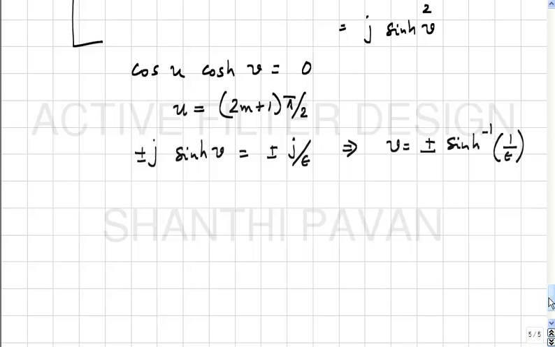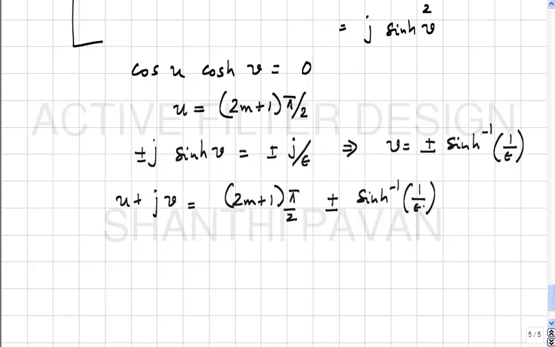Correct? So in other words, u plus jv is nothing but 2m plus 1 into pi by 2 plus minus j sin hyperbolic inverse of 1 by epsilon. But u plus jv itself is nothing but n cos inverse s by j.